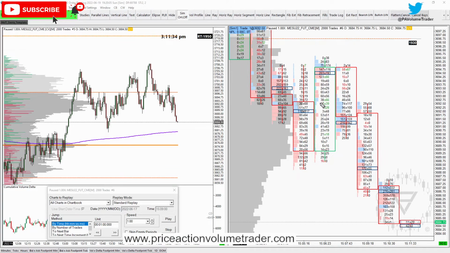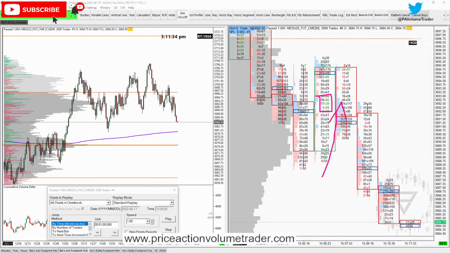Remember, we measured them diagonally, so these are diagonal imbalances where the ask is at least 300% higher than the bid. For example, here we have 3 stacked bullish imbalances. That means there was a lot of momentum in this candle, and a lot more aggressive buyers than sellers.